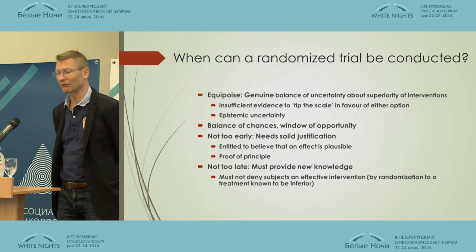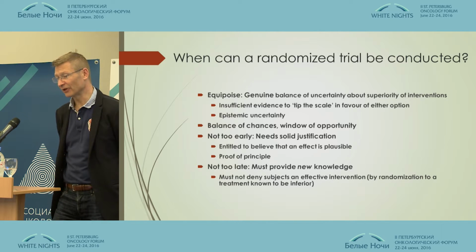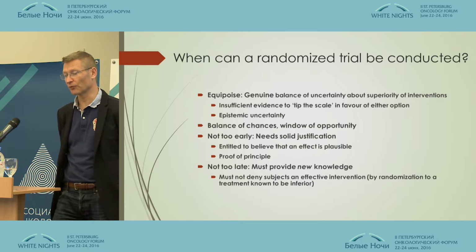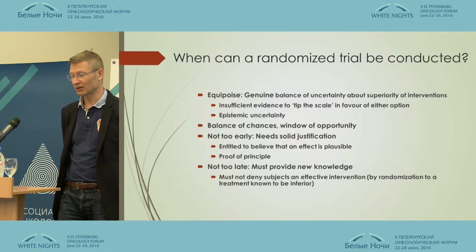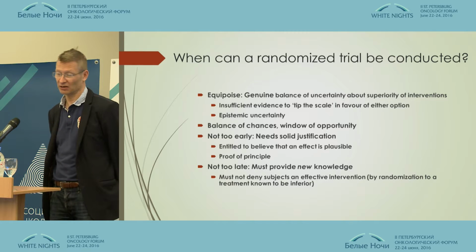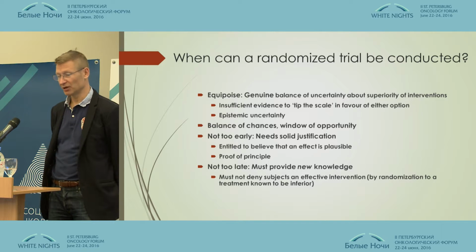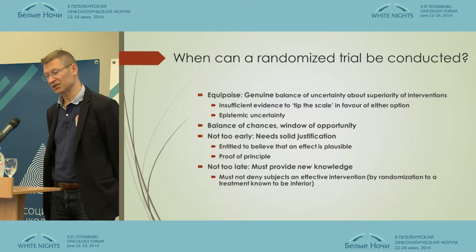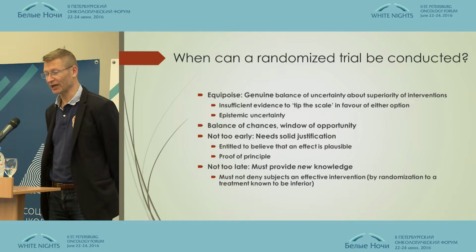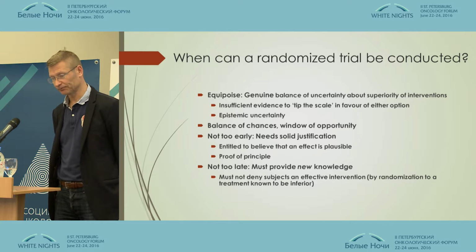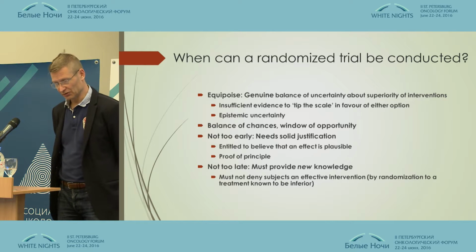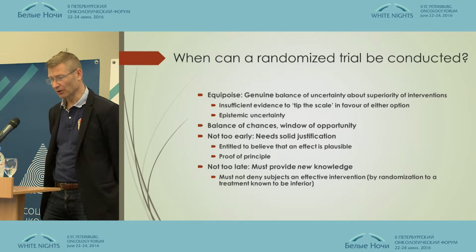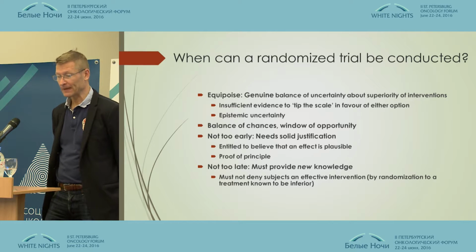So we have to have sufficient grounds to believe that there might be an effect. There should be some what's nowadays called proof of principle studies that show some effect in some preliminary setting, maybe an animal model or some basic science mechanism of action is well established, and perhaps some phase 1-2 data about safety.